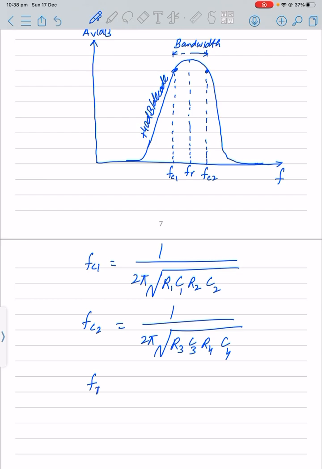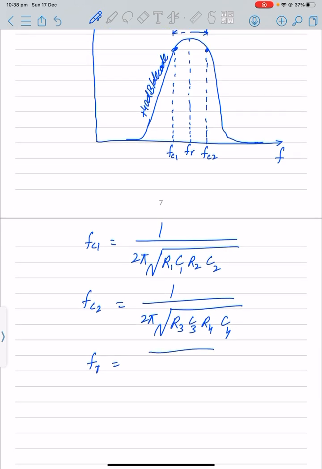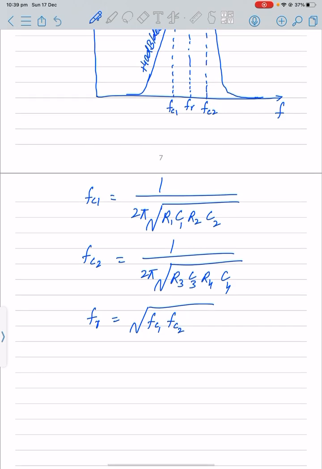Our FR is actually the geometric average of FC1 and FC2, that is equal to the square root of FC1 times FC2. These are the formulas through which we can calculate the bandwidth for our band pass filter. FC1 is the corner frequency for the high pass filter, and FC2 is the corner frequency for our low pass filter.